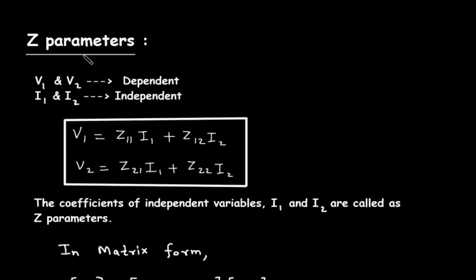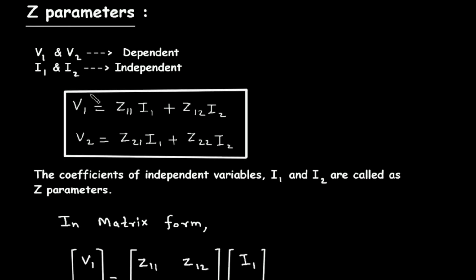Z parameters are also called impedance parameters. In impedance parameters, V1 and V2 are dependent and I1 and I2 are independent. Since V1 and V2 are dependent, V1 is equal to Z11 I1 plus Z12 I2, since V1 is dependent on I1 and I2.